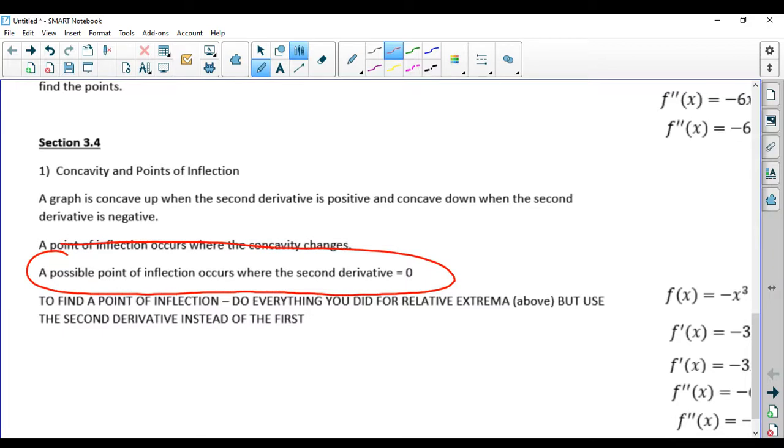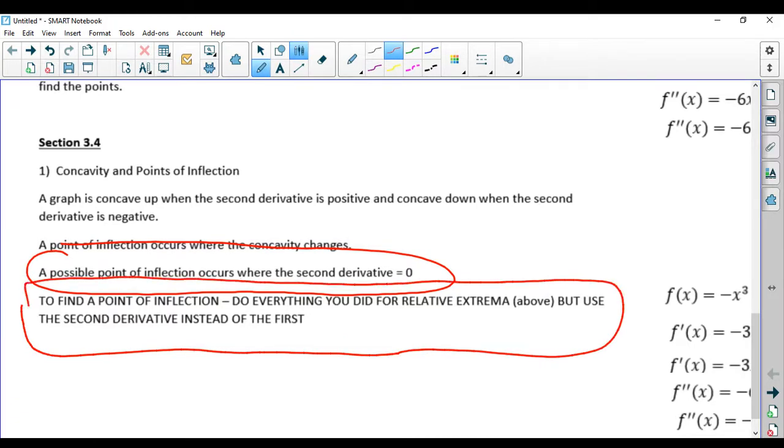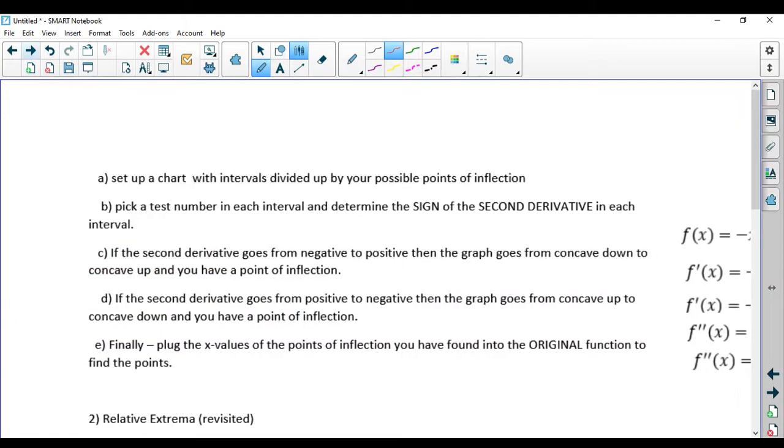After we find that, we're going to do everything that we just did, except with the second derivative. So here we go. Here's the steps we're going to follow.